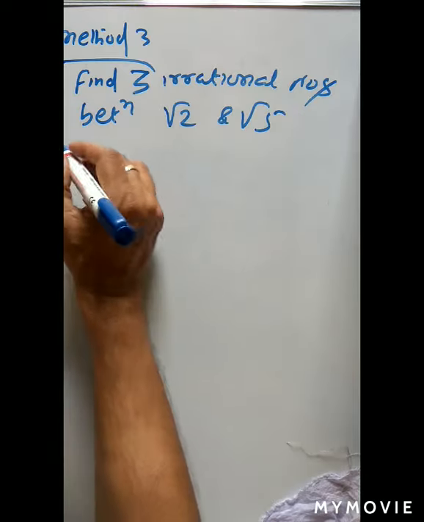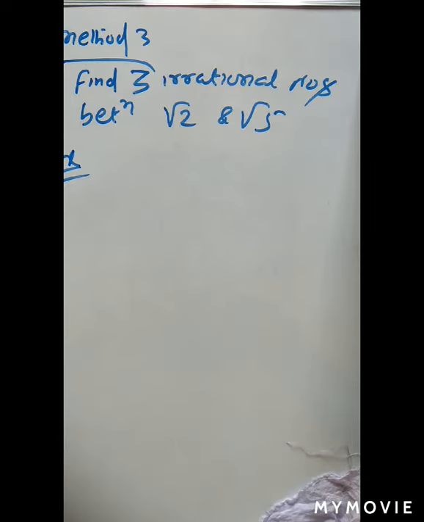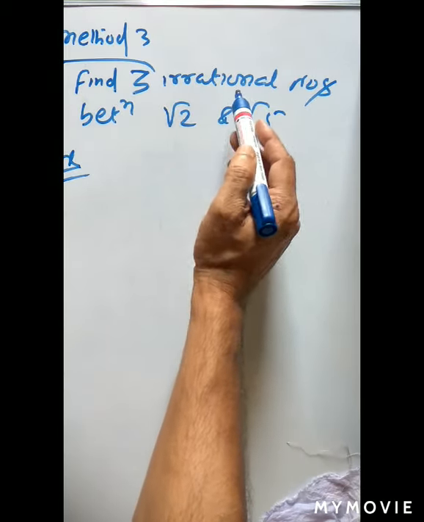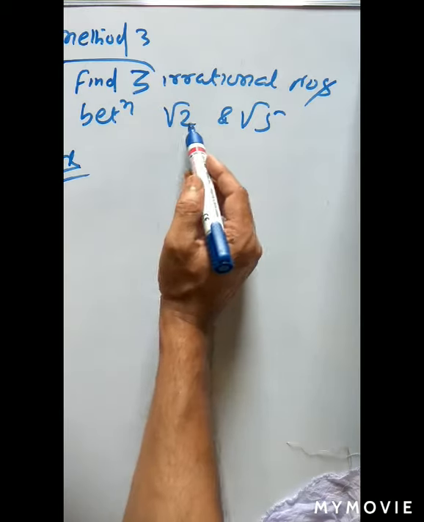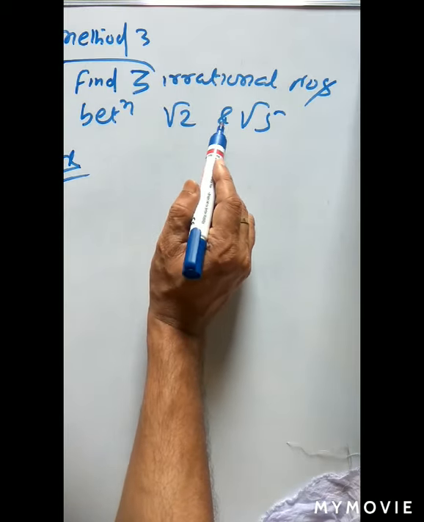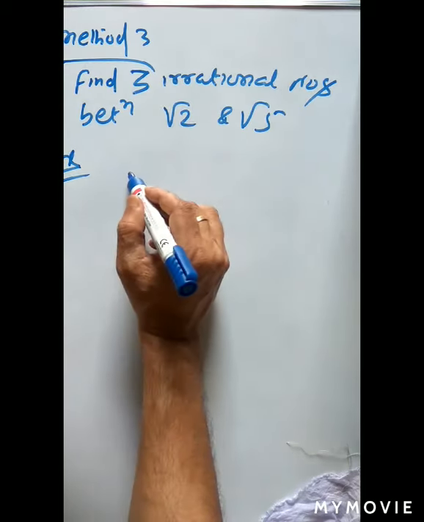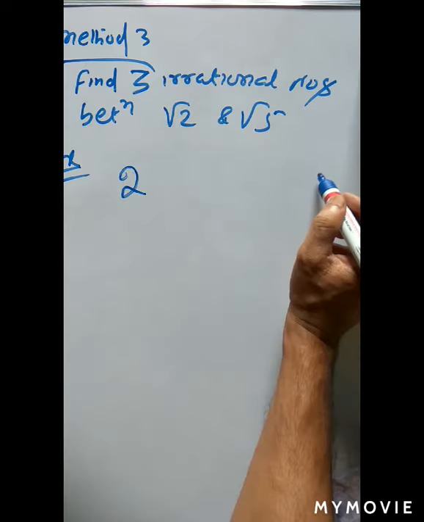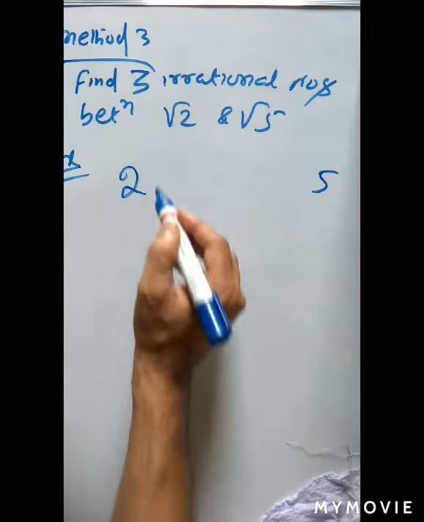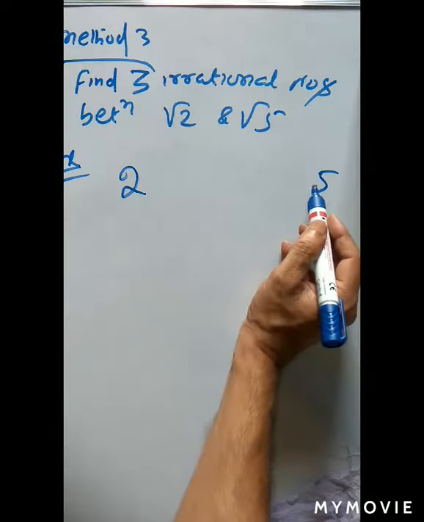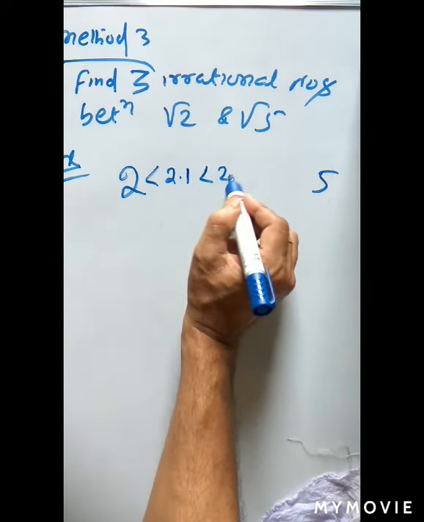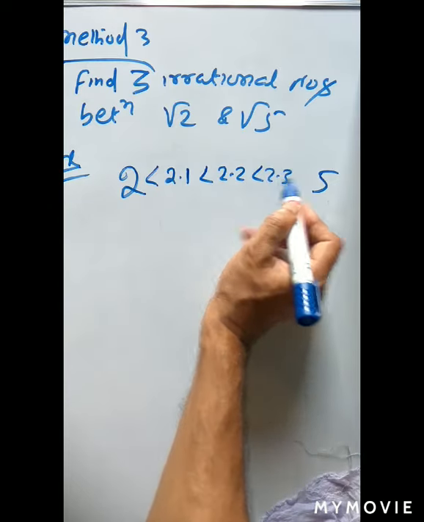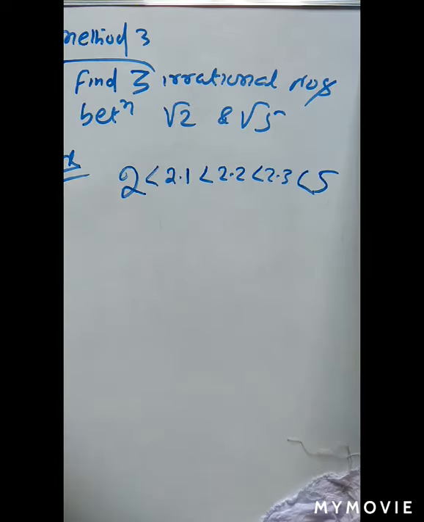Okay. So here, how will you solve this problem? You have to calculate 3 irrational numbers between root 2 and root 5. Now you see, you take a 2 and you take a 5. Definitely 2 is less than 5. So I can say 2 is less than 2.1, less than 2.2, less than 2.3, less than 5. Is it correct?